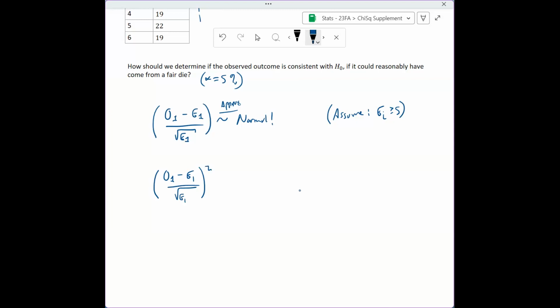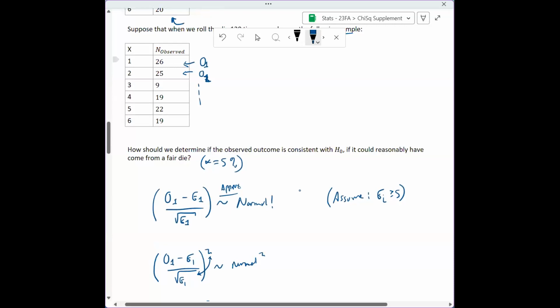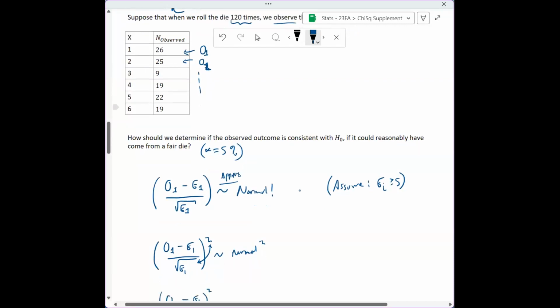So this is normal. If I square this, this looks like a normal squared. And if I square this, note that the squared hits the square root on the bottom, makes it go away. So I just have numerator squared over E1. And I'm going to have one of those for line 1, for line 2, all the way through line 6.